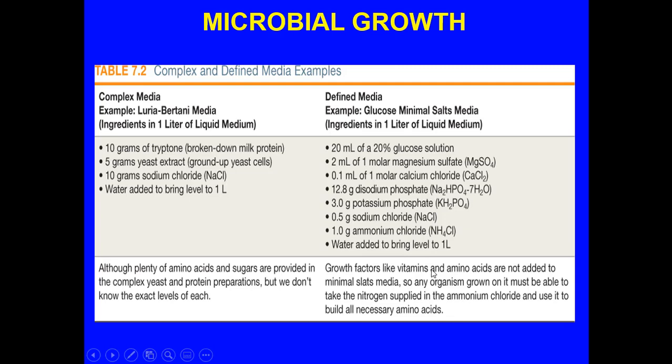You don't add the vitamins and amino acids to these minimal salts media. If the organism needs some nitrogen, you may add ammonium chloride and let the organism use the ammonium ions to basically build all the necessary amino acids.